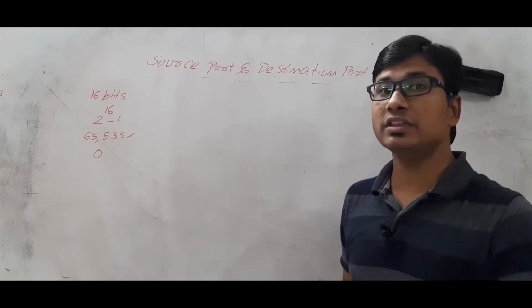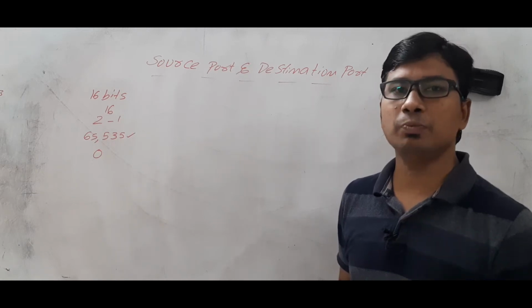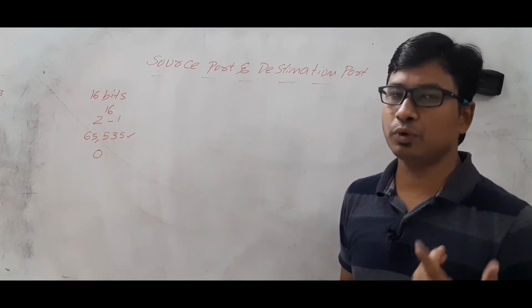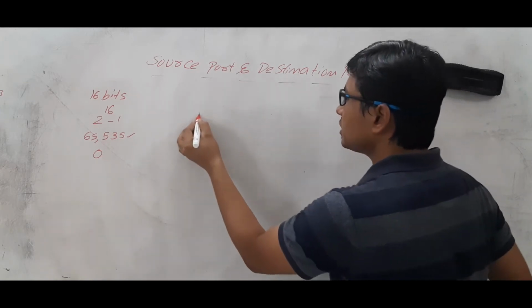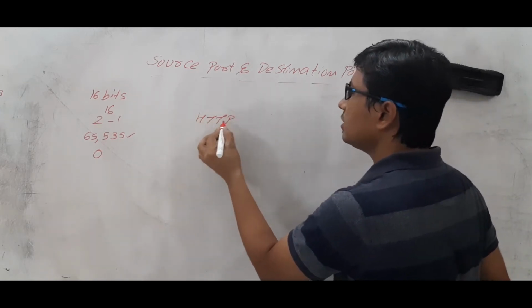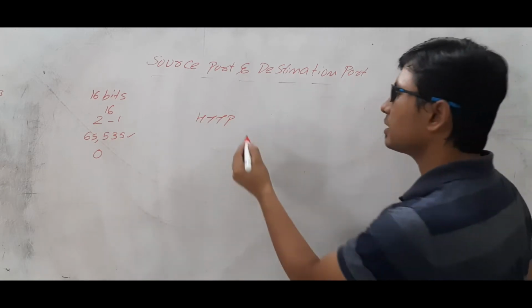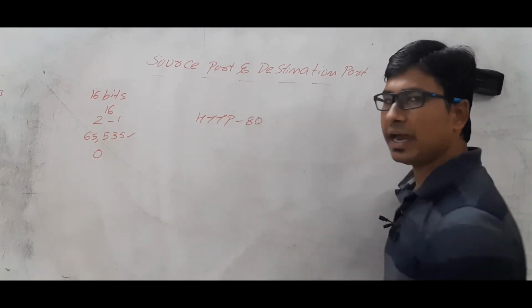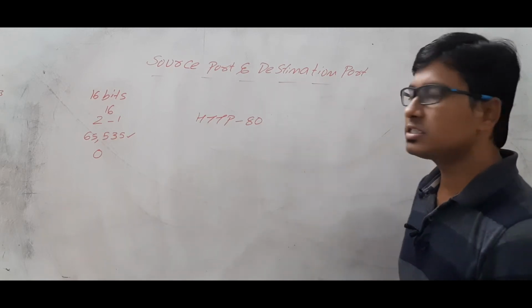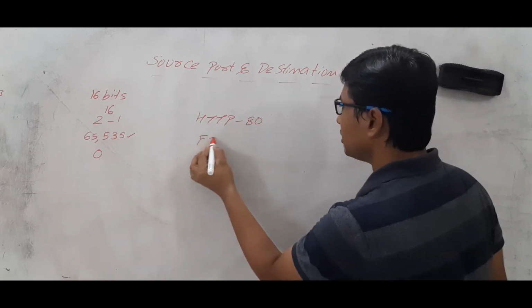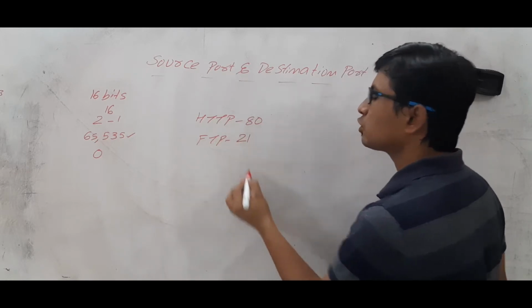But who is providing the destination port number? No one will provide you the destination port number. Which kind of communication are you using? Suppose you are using the HTTP protocol, then the standard destination port number is 80. So at the destination port you have to use the value 80. Similarly, if you are using FTP, then the value should be 21.